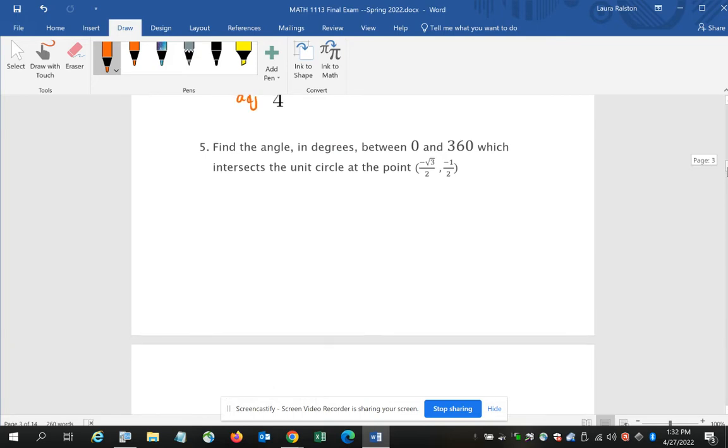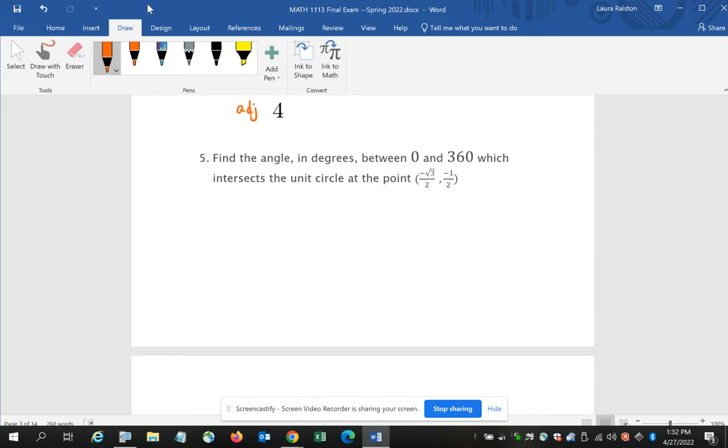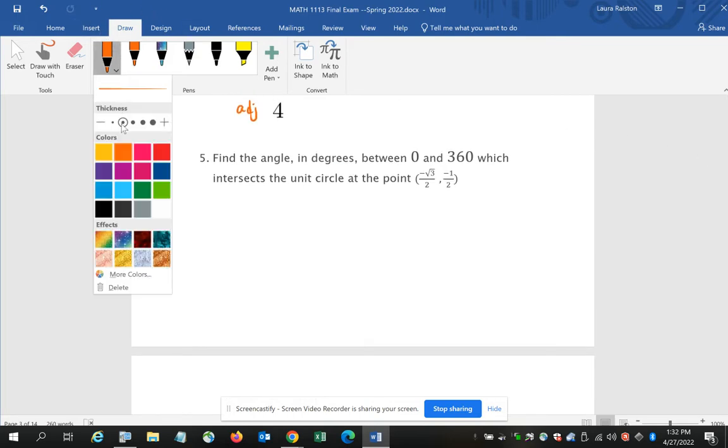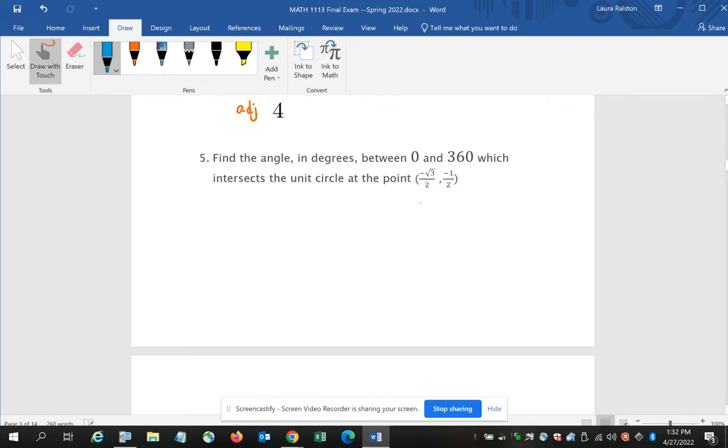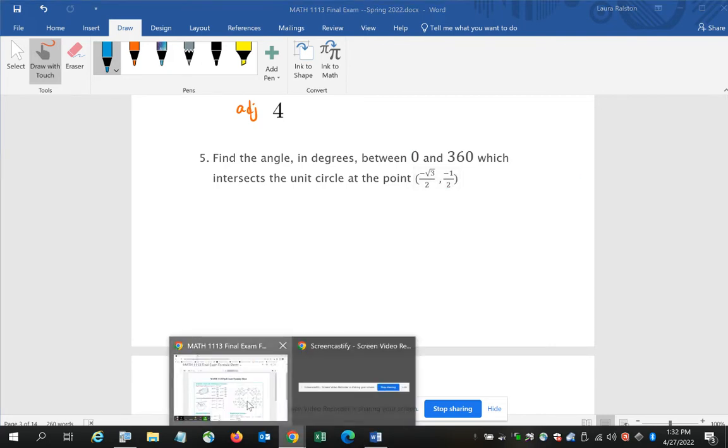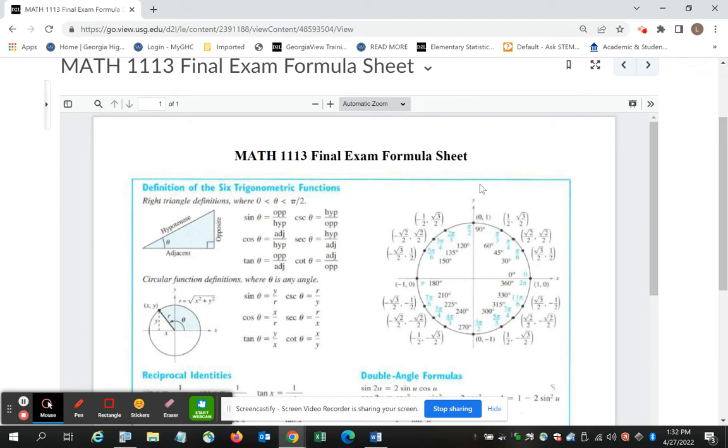Then question 5 says find the angle in radians between 0 and 360, which intersects the unit circle at the point -√3/2 and -1/2. Now, it's important for you to notice that there is a unit circle on the formula sheet.